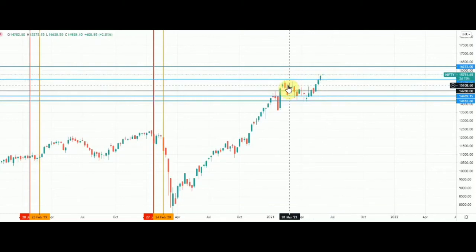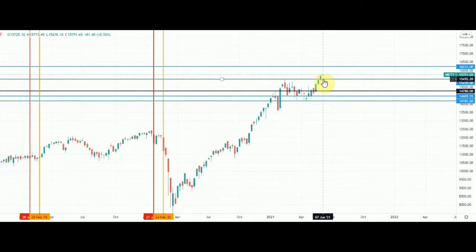So 15,470 was touched almost 2 times, once in February and then again in the recent past. So 15,470 was a very key level for me, which got breached last week. Clear? Now you can see this level is getting respected and price is above that.